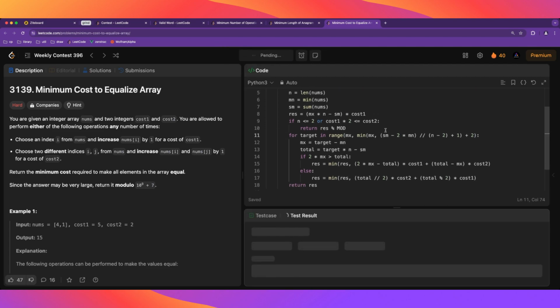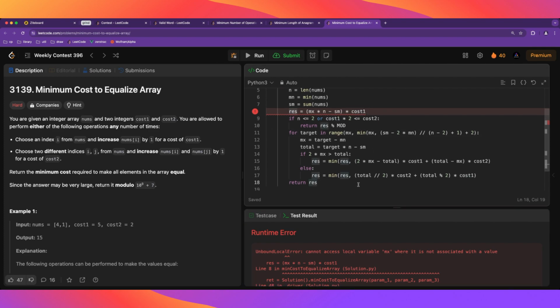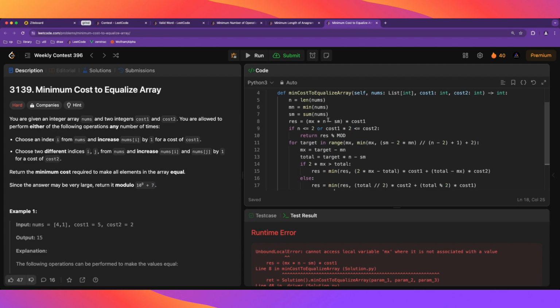And this is a very tight bound, I think. And remember that we have to mod here. Oh, here we don't have the max, so we can do this.